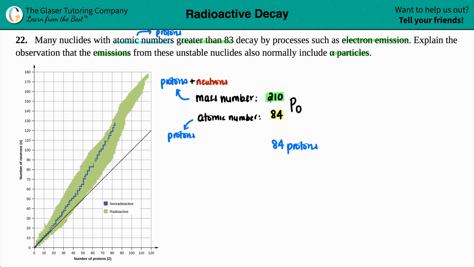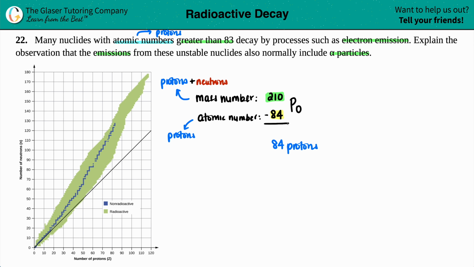So in this case, we have a total of 210 protons and neutrons, with 84 of them being protons. So what would I have to do to find my neutrons? Yeah, we just subtract, right? So what is 210 minus 84?